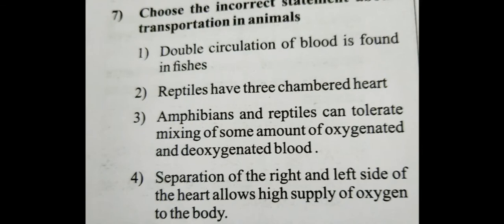Definitely the other 3 will obviously be correct statements. The first option is wrong because in fishes we come across single circulation. Hence, you have to select the incorrect statement as the first one.